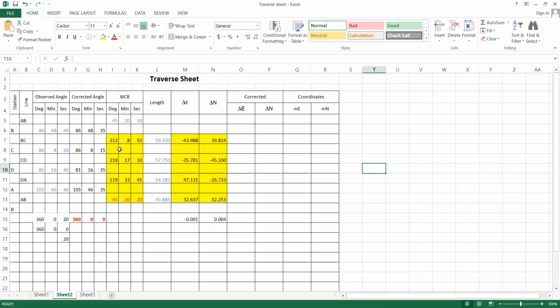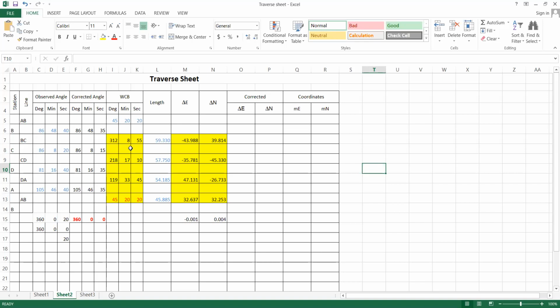The first one, the bearing is 312. 312 means the fourth quadrant, moving towards the northwestern direction, passing 270. 270 is the west direction. Above that, towards the northwest, E should be negative and N should be positive. You don't have to check, because your calculator will give you these signs correctly, but you can double check.